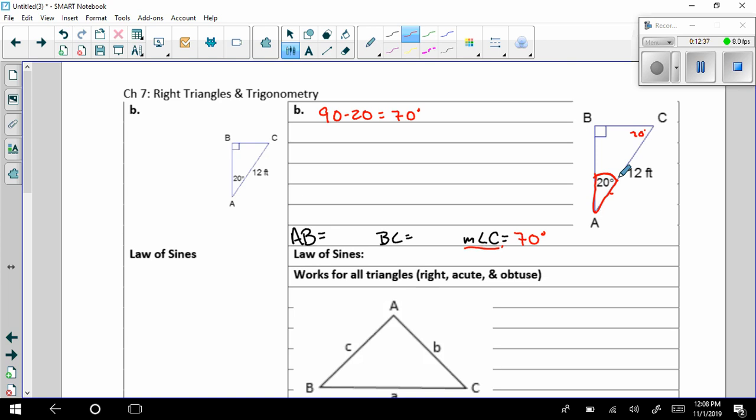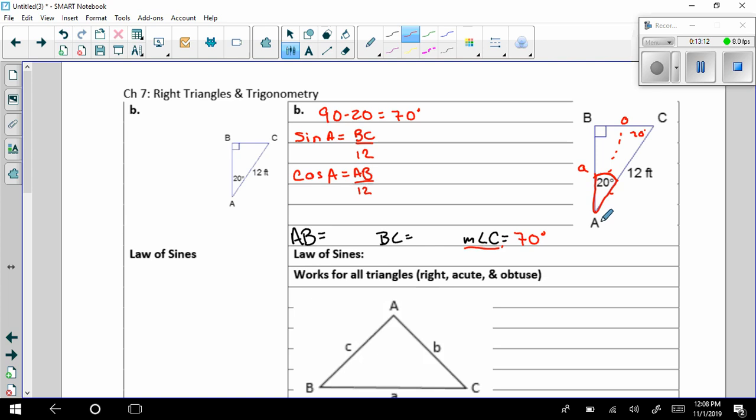So the sine of A is equal to opposite. We don't know, so I'm just going to put BC over hypotenuse, which is 12. The cosine of A is equal to AB over 12. The tangent of A is opposite over adjacent.